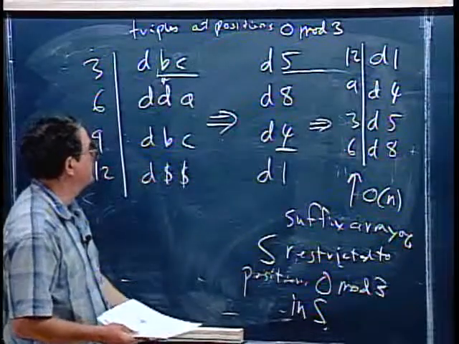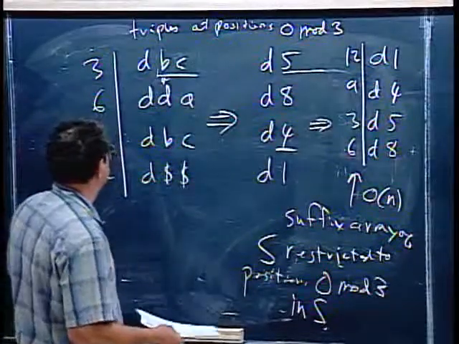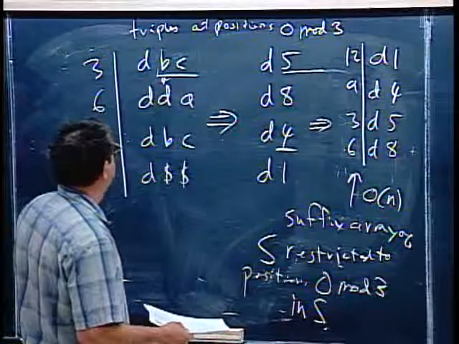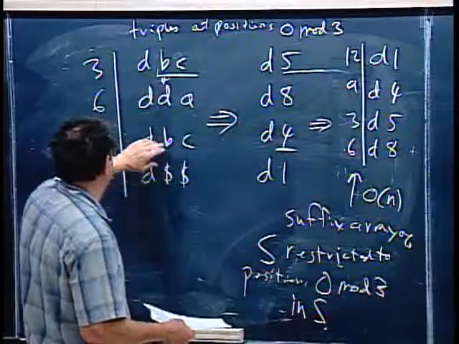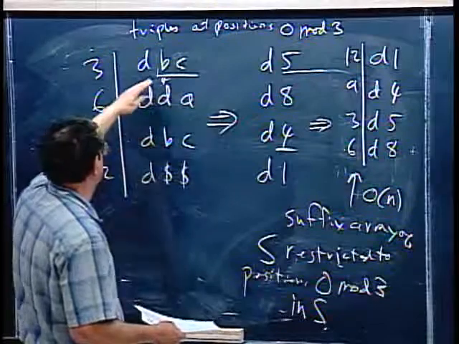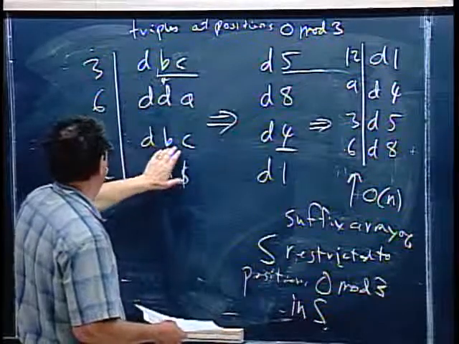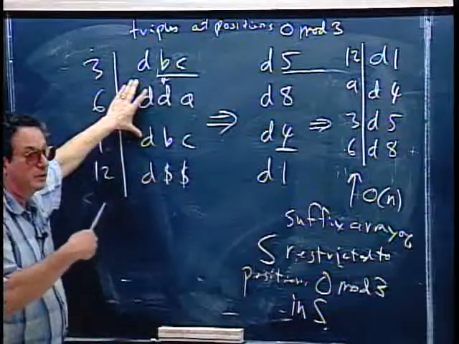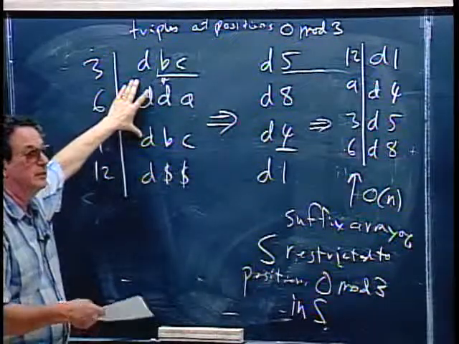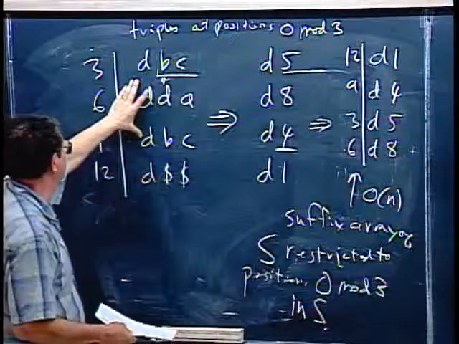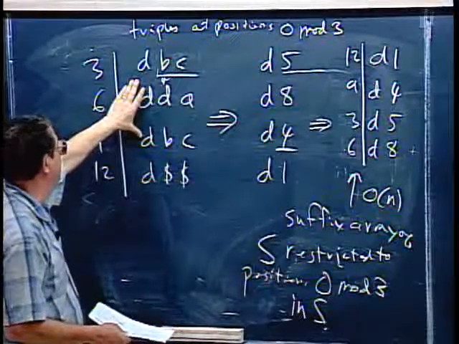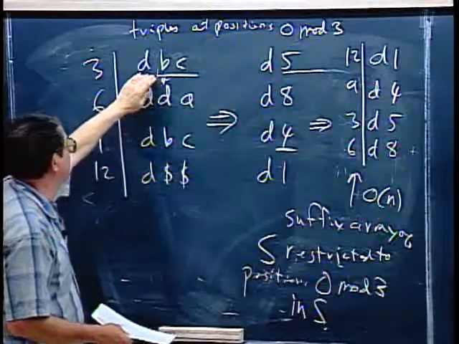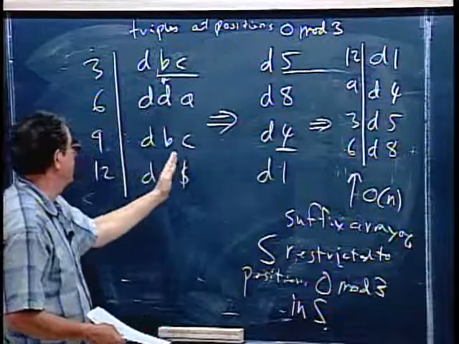Well, in that case, it would just be the positions at 0 mod 3. But if there had been any ties in this sorting here, which there aren't, it's D, B, C. If there had been any ties here, we would have had to recursively continue with the algorithm, because we hadn't seen beyond the triples.